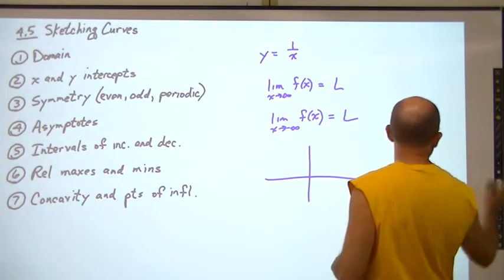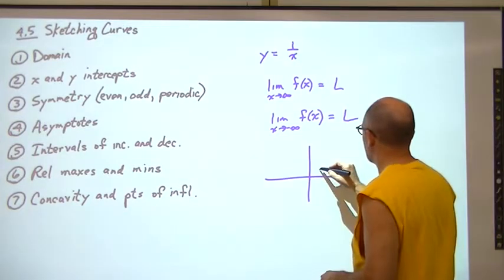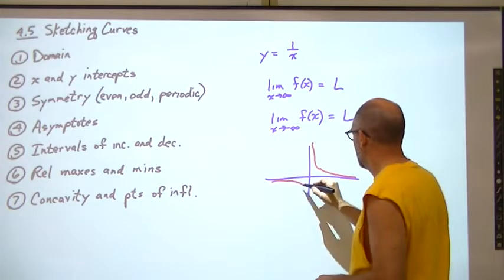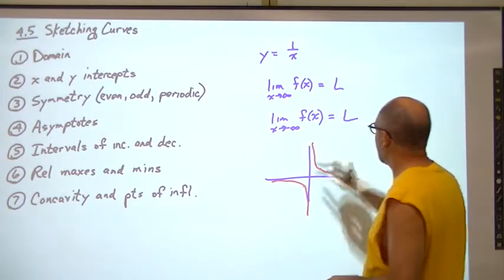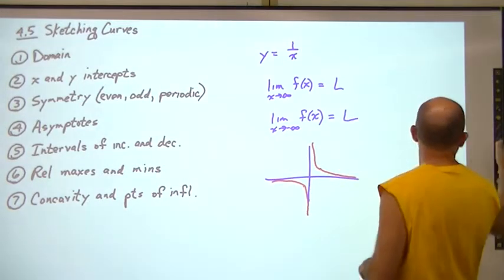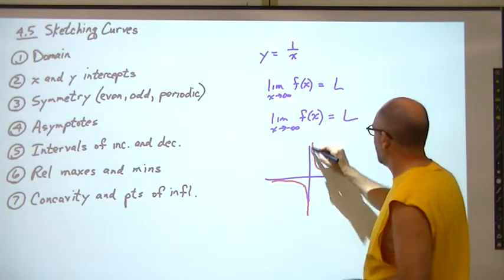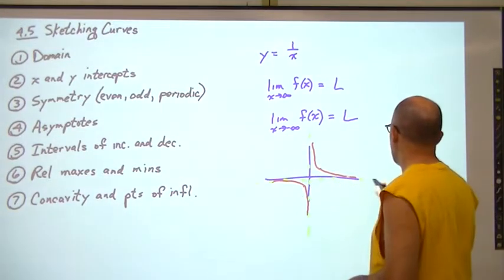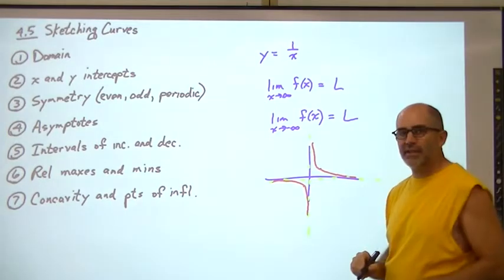So I know that function is going to end up looking like this. So notice I have a vertical asymptote at x equals 0, and I've got a horizontal asymptote at y equals 0 also.